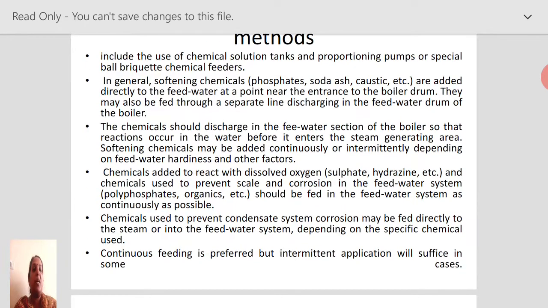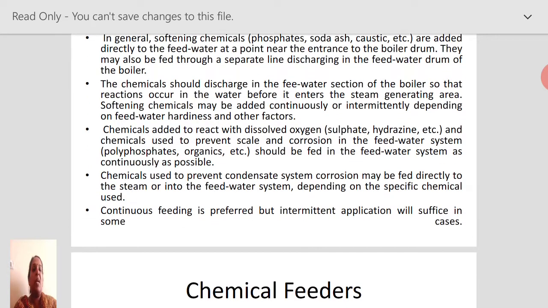While if we use chemicals for reacting with the dissolved oxygen, or chemicals to prevent scale and corrosion, in that case the chemical should be applied continuously into the water. If the chemicals are used to prevent condensate system corrosion, this can be directly fed to the steam or into the feed water system depending upon the specific chemical used.